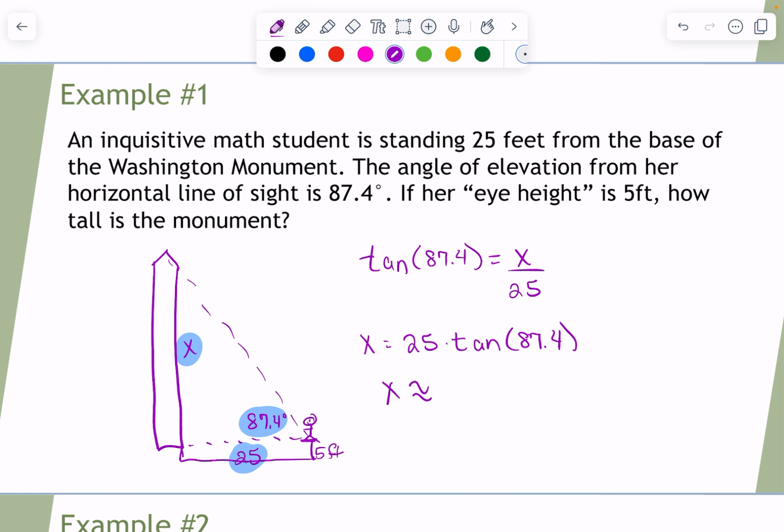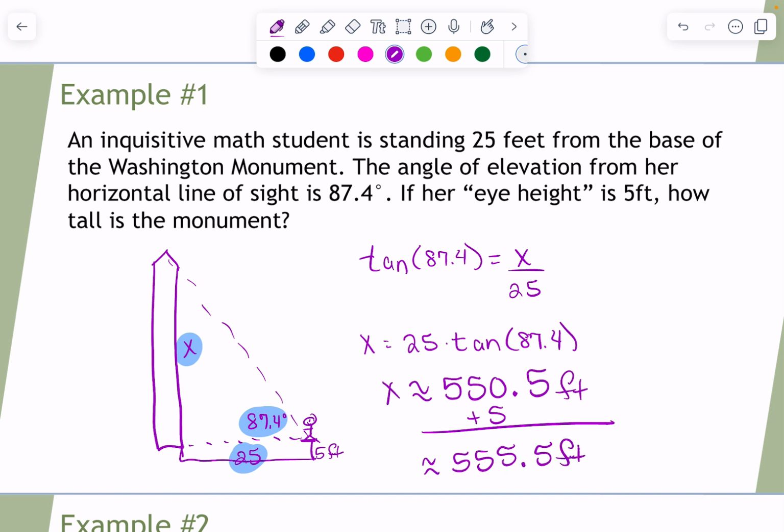And that is approximately, so we take our calculator, tangent 87.4, and we end up with 550.5 feet. But now we have to take into account that 5 feet, so we're going to add that 5 feet on, which gives us a final approximate answer of 555.5 feet tall.